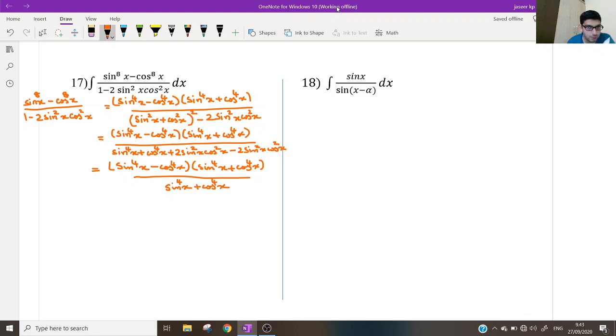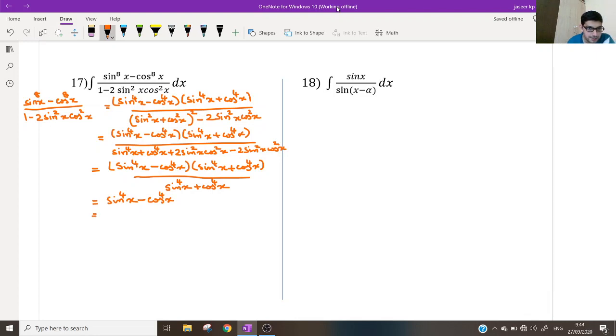So now this also will get cancelled. So it will remain sine power 4x minus cos power 4x.